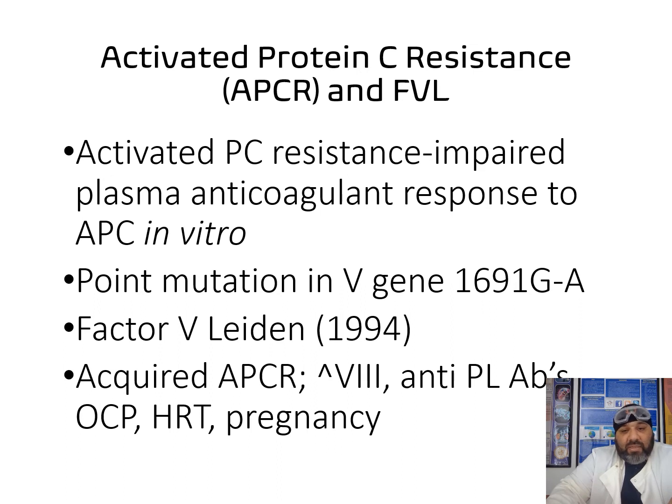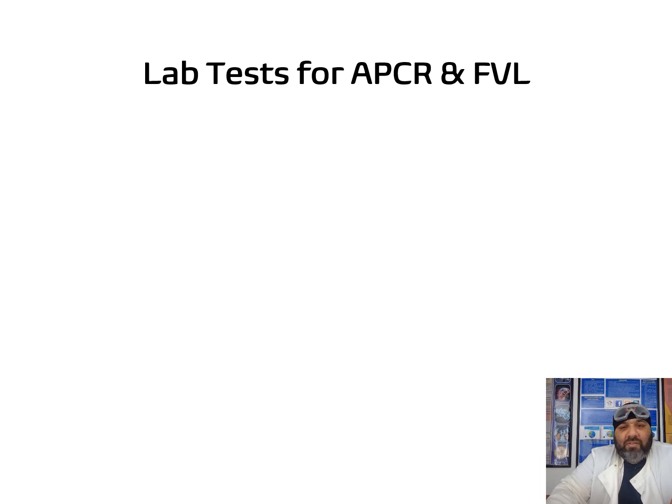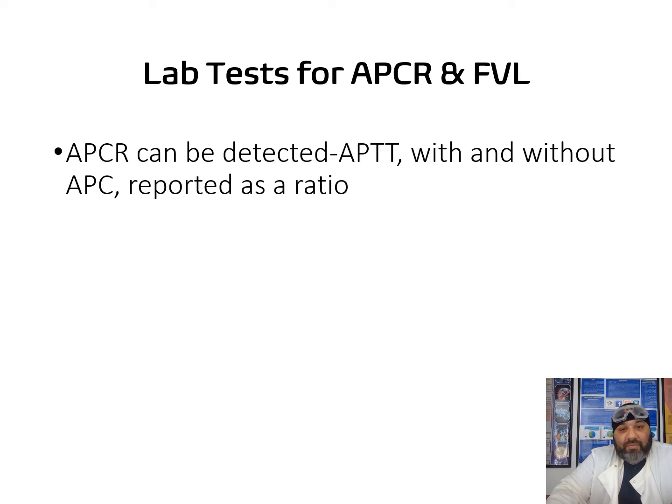Alongside this, there are other factors linked with activated protein C resistance, in line with factor V Leiden as well. So the lab tests surrounding this, APCR and factor V Leiden: APCR can be detected with activated partial thromboplastin time with and without APC, reported as a ratio.